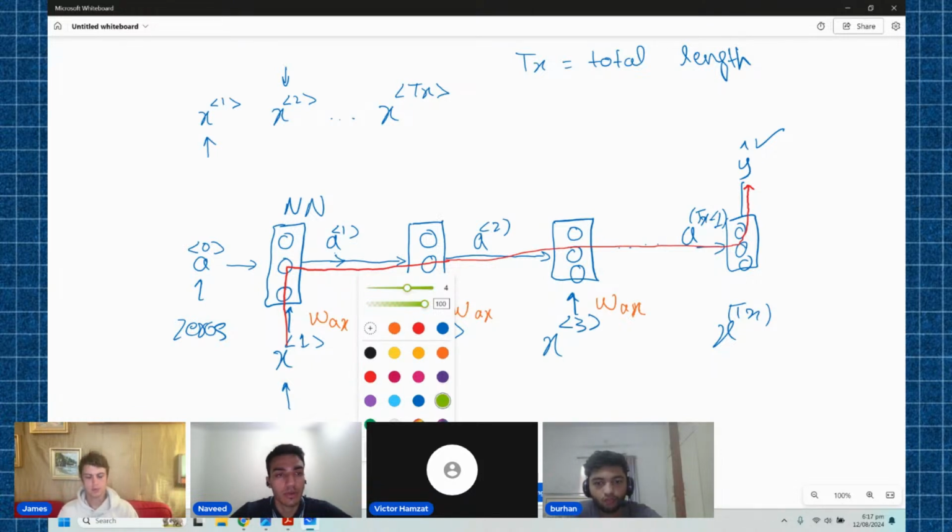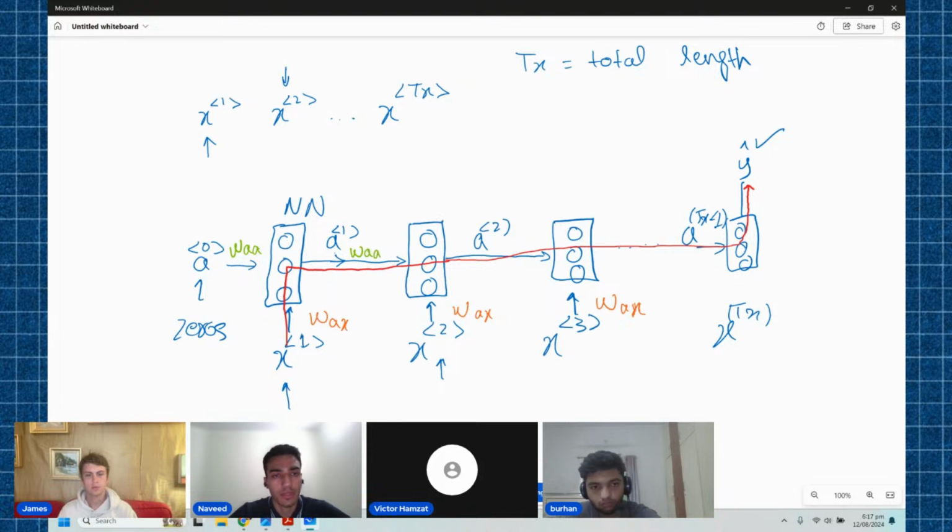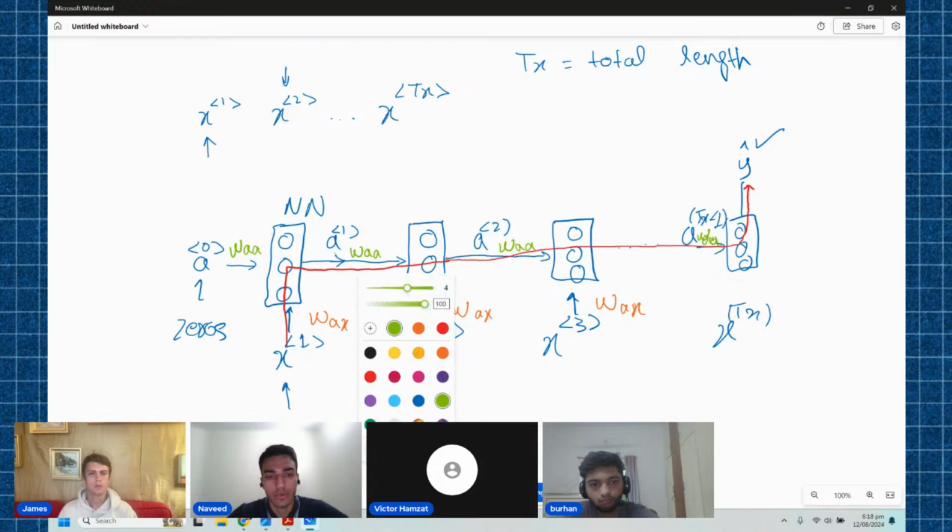So this A0, which could be all zeros, is associated with, let's say, a set of weights WAA, and those WAA weights stay the same across the network. In order to generate this A1 or this A2 or this AT minus 1, the set of weights associated with it are all the same. And the set of weights associated with producing an output also stays the same.